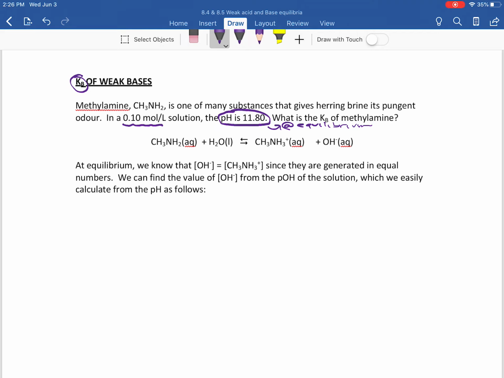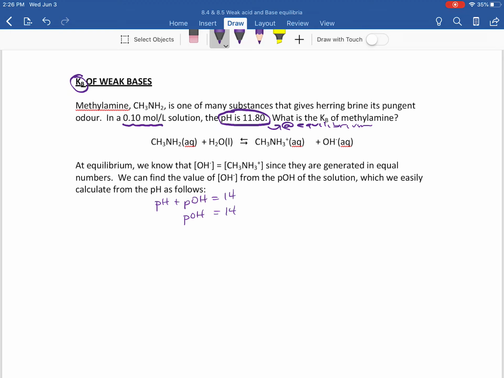So number 1, we can find out some information from this pH. pH plus pOH equals 14, right? So if I can solve for pOH, then we can actually get the concentration of the hydroxide ion.